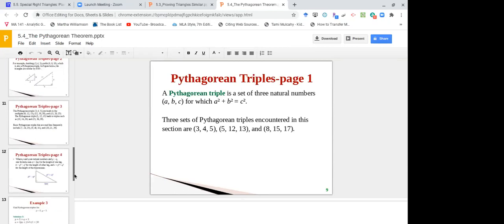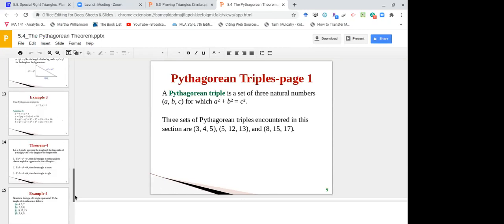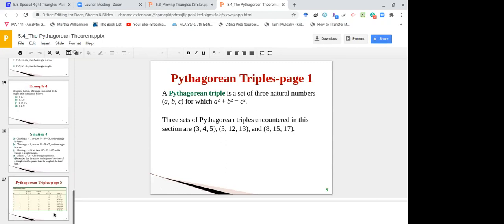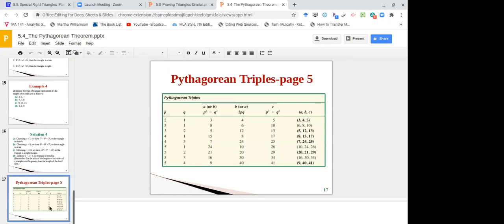And there's quite a bit of discussion on Pythagorean triples in the chapter. And there's a chart at the very end. These are not an exhaustive list of Pythagorean triples, but these are some common Pythagorean triples. So if you see the lengths of the sides of a triangle, then you can know that you're dealing with a right triangle.